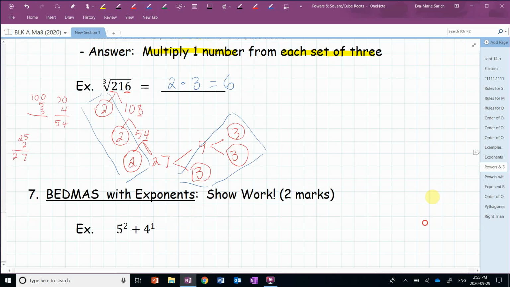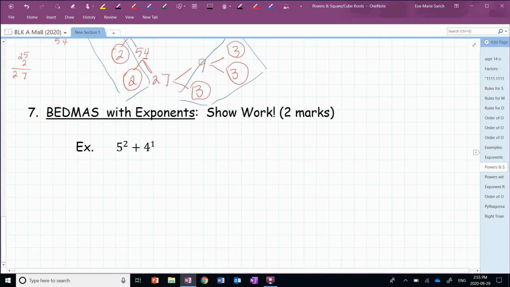Now, you're also going to have some BEDMAS questions. With the BEDMAS questions, you need to show your work. It's 2 marks each. So remember, brackets first. In this case, there is no bracket, so we'll move on to exponents. If there's more than one exponent, we go left to right.